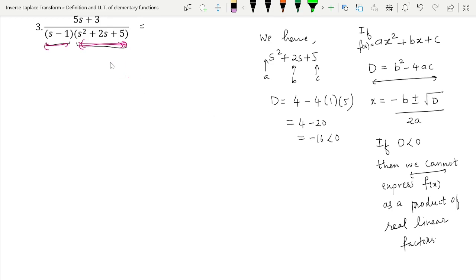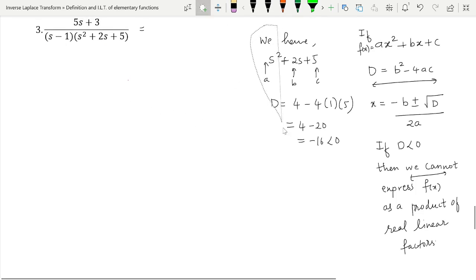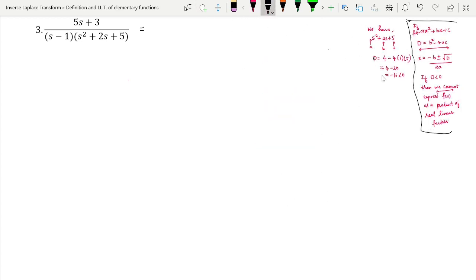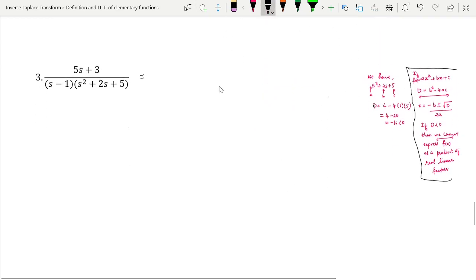So in such cases we look for a different partial fraction, which I have already told you. Whenever we are having such a quadratic factor, we have already learned what our partial fraction is.